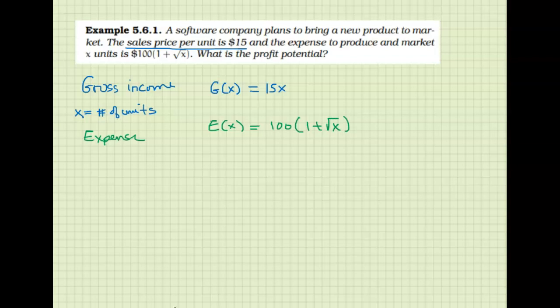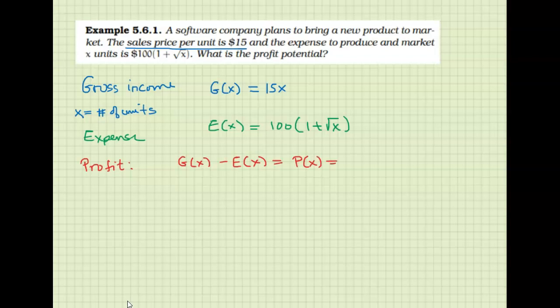This one brings money in. This one is money out of the company for producing and marketing it. And from here, you can get a third function, which is the profit function. The gross income minus the expense will give you the profit.